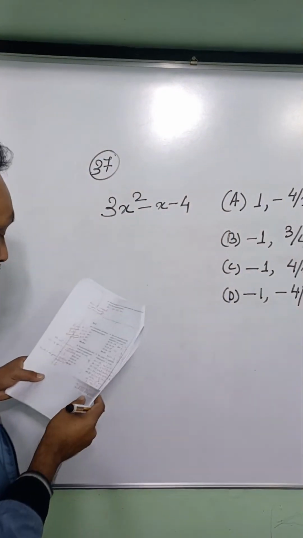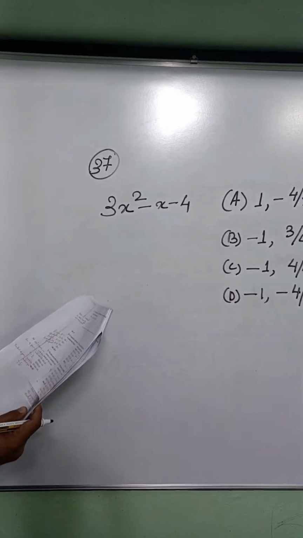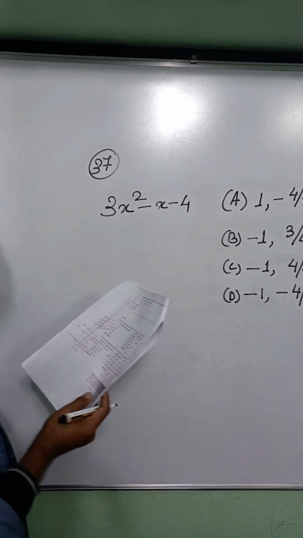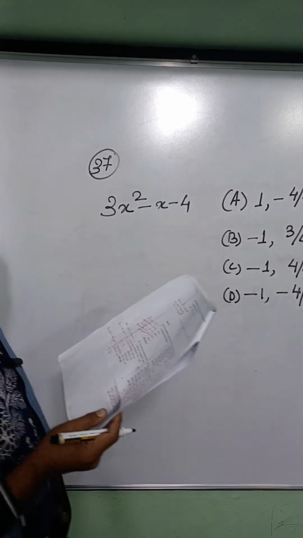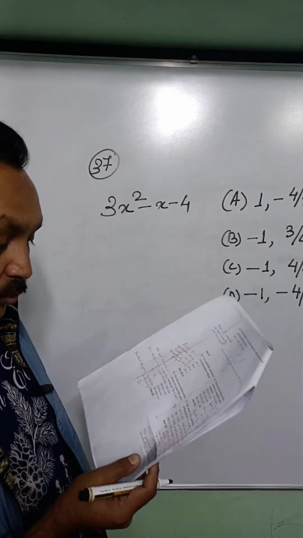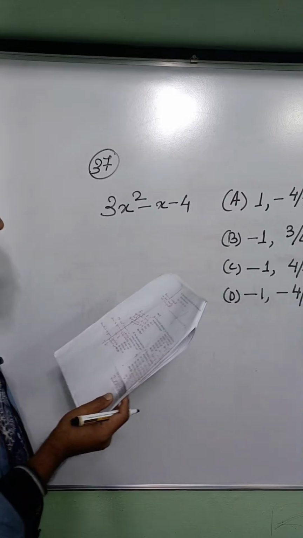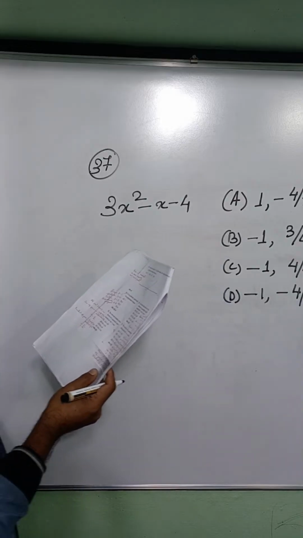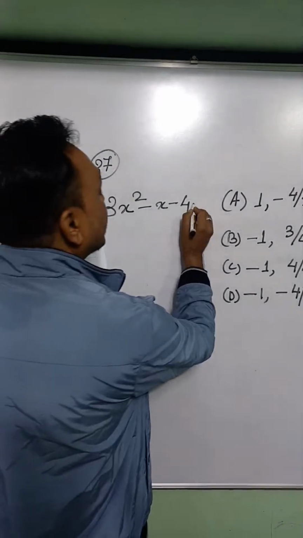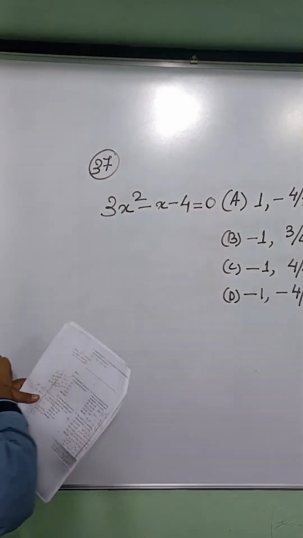So these are the options provided for this question. What is the question? The polynomial supplied to you is a quadratic polynomial, and you have to find the zeros. So how can you do it? To find the zeros, you have to put the polynomial equal to 0.